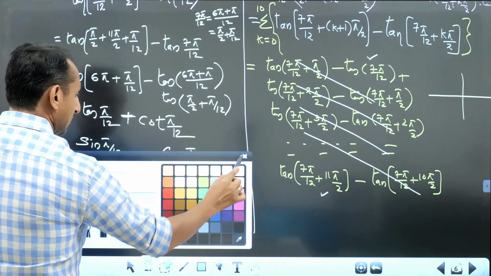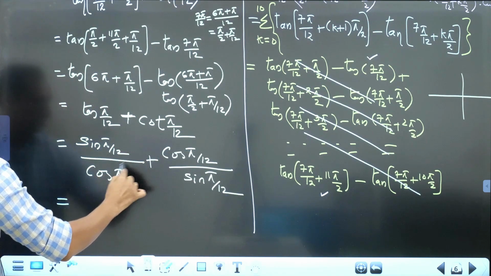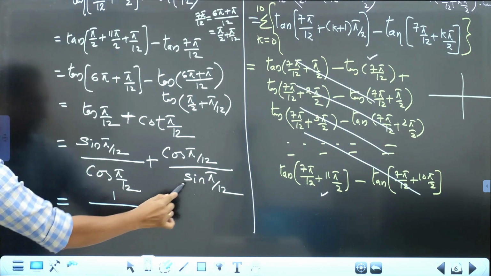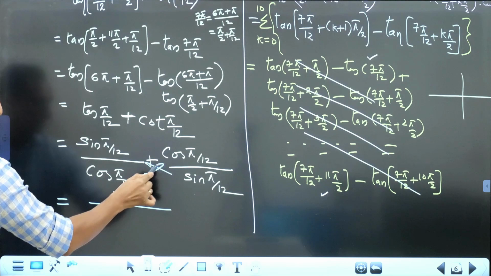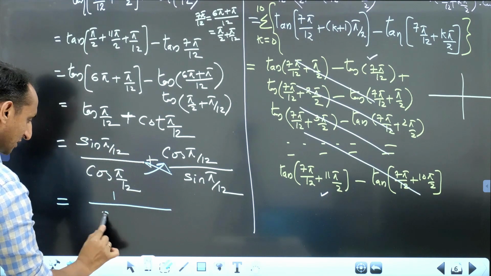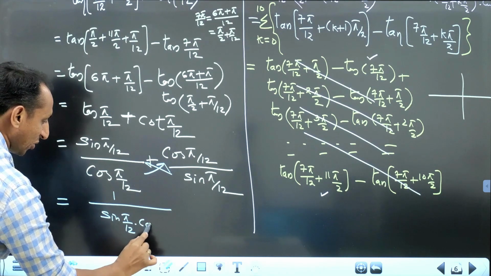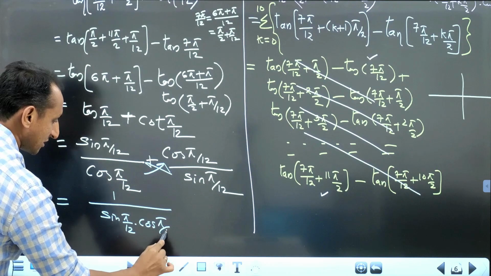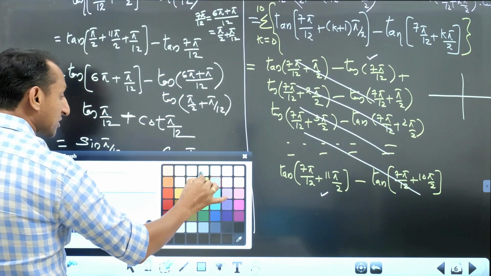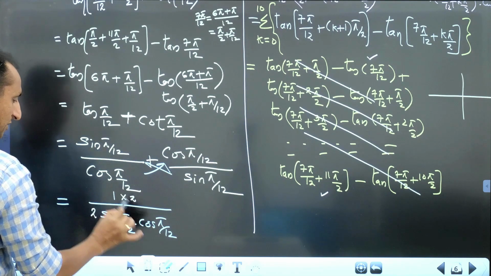Take this as LCM and cross multiply: sin squared π/12 plus cos squared π/12, that is 1. Sin into sin, sin squared; cos into cos, cos squared. The denominator is sin π/12 into cos π/12. Then I multiply both the numerator and the denominator by 2.